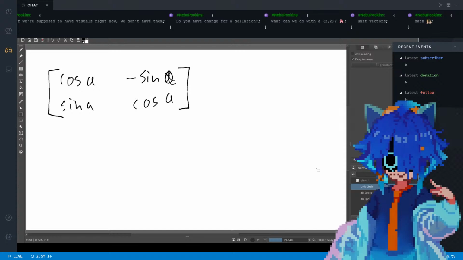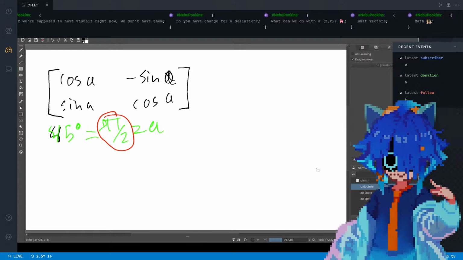Let's say that we want to rotate by 45 degrees. Unfortunately, when we're dealing with sine and cosine, their input has to be in radians.